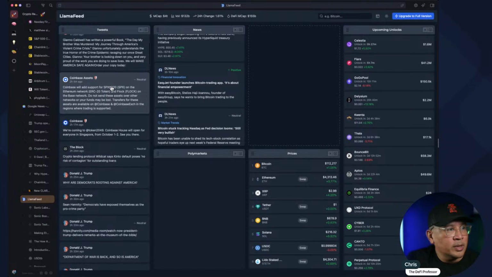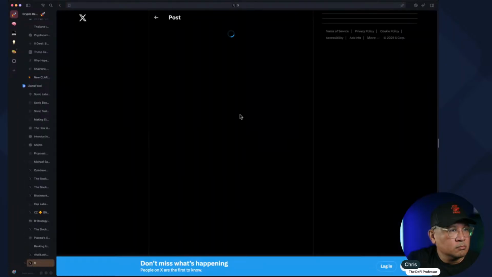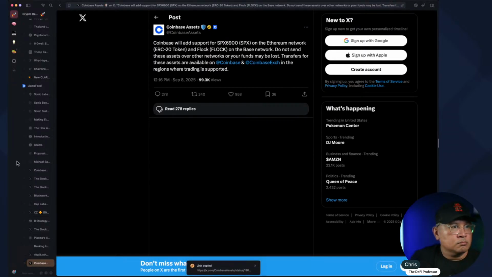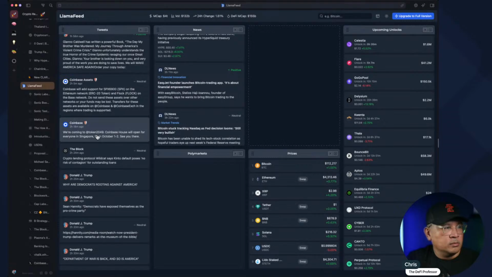Oh, Coinbase is adding support for SPX 6900 as well as Flock on Base. That chart's probably ridiculous right now.